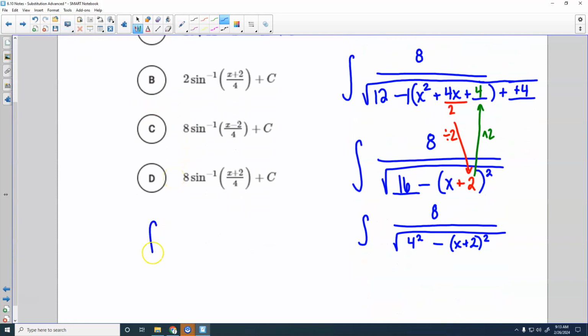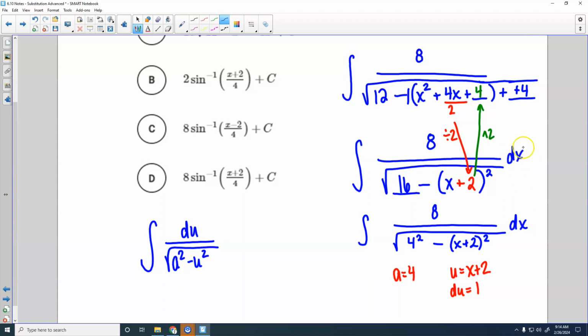So in that formula, it is du over the square root of a squared minus u squared. What would the a value be for this? Is it 4? And what is our u value here? X plus 2. So what is du? Just 1.